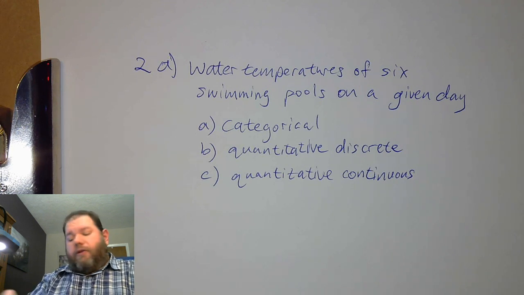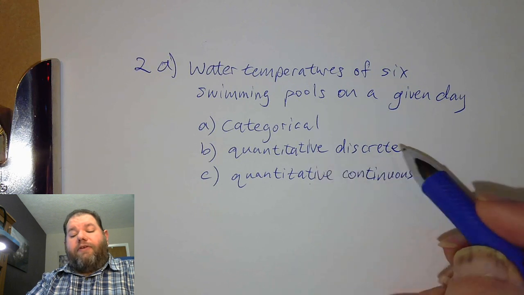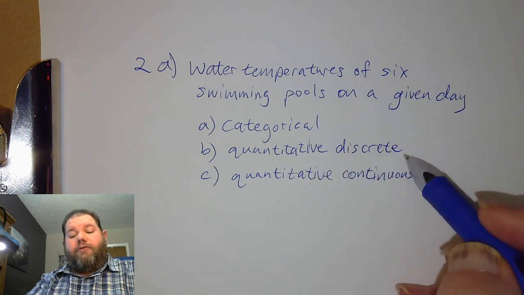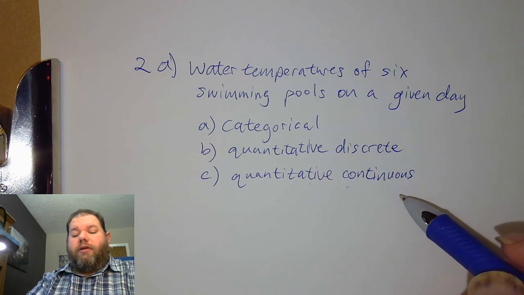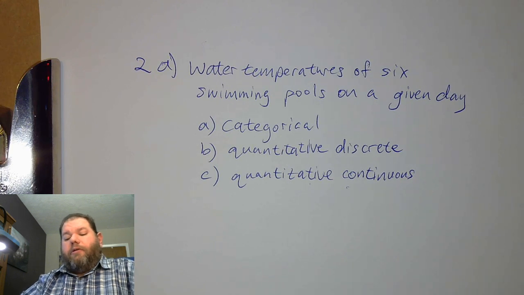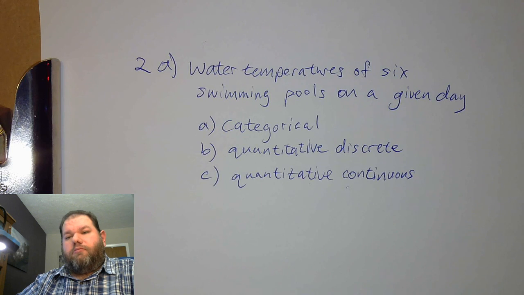But since it is quantitative, we still have to decide, is it discrete or is it continuous? Okay. So the question is, is temperature going to be a discrete or continuous quantitative measure?